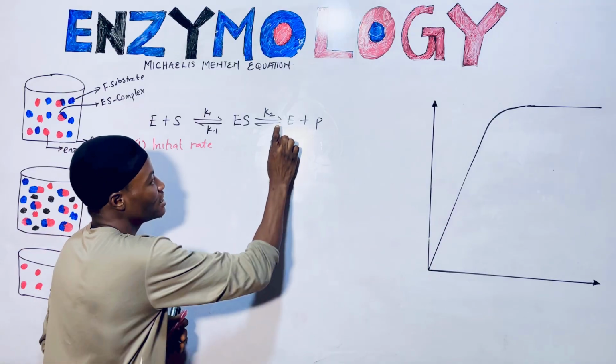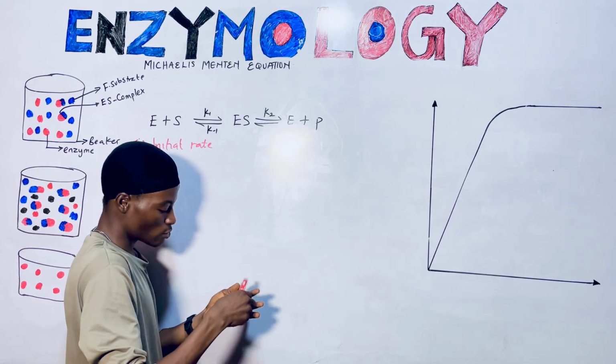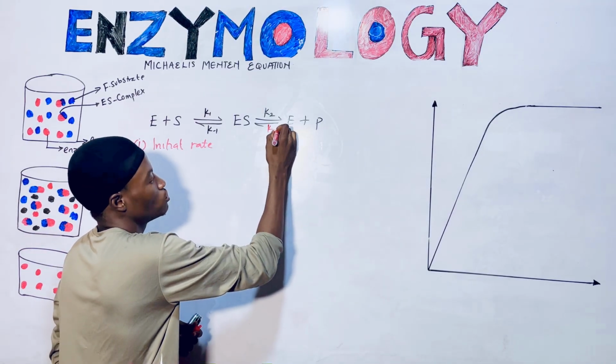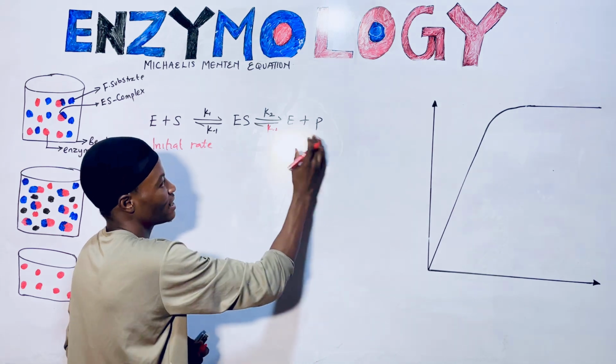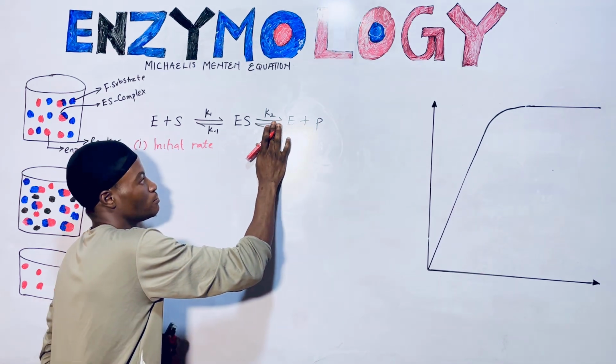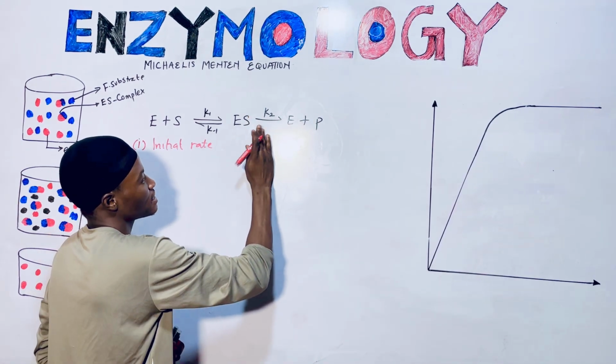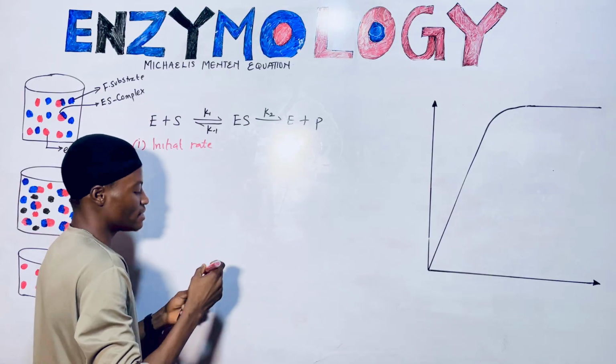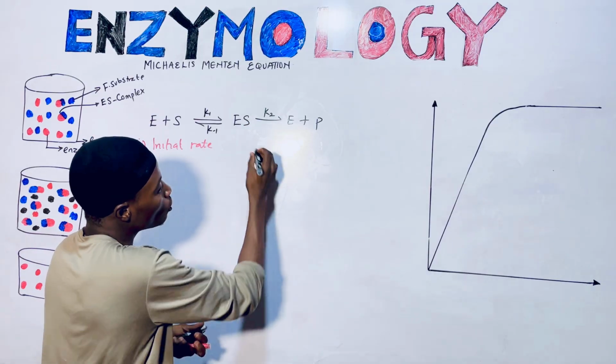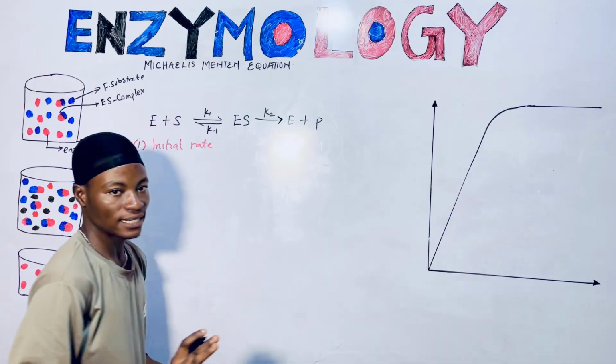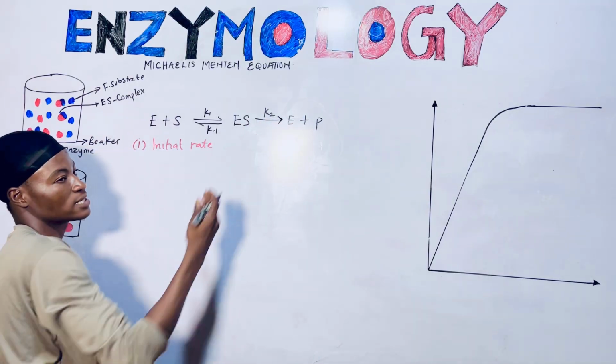So that's the reason why this particular constant, which they are supposed to represent as K minus 2, since there won't be any reverse reaction initially, I'm going to rub it off. So it basically means that there is no reverse reaction initially, and I don't have any constant for it.